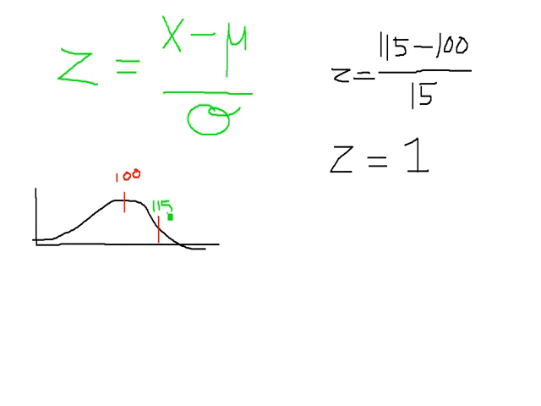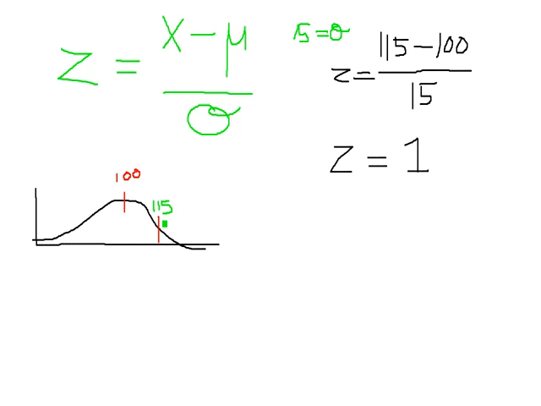Alright, here's why understanding standard deviation is very important. You'll notice that our score of 115 is exactly one standard deviation above the mean for this distribution. Our standard deviation is 15. So 15 equals standard deviation.